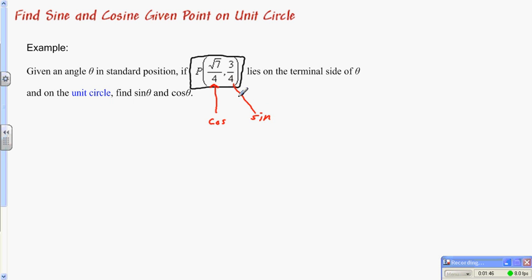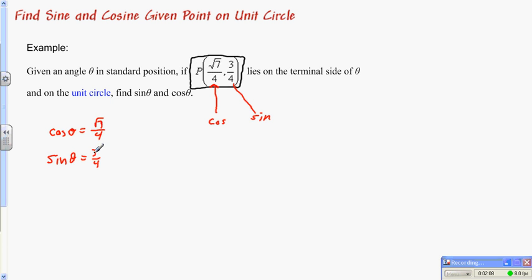So at the point √7/4 and 3/4, cosine of theta is equal to √7/4, and sine of theta is equal to 3/4.